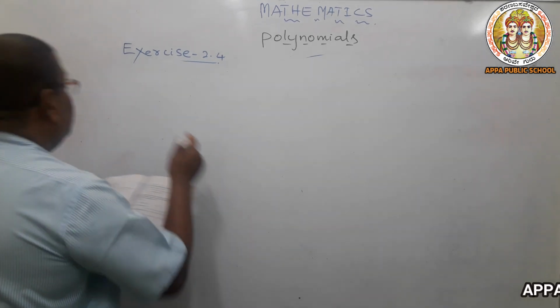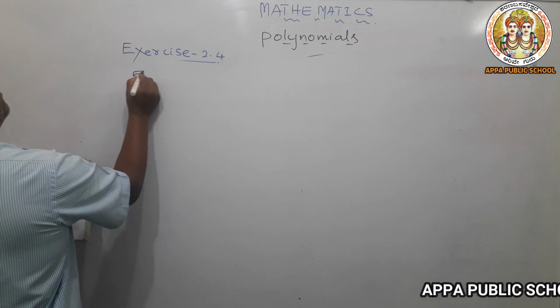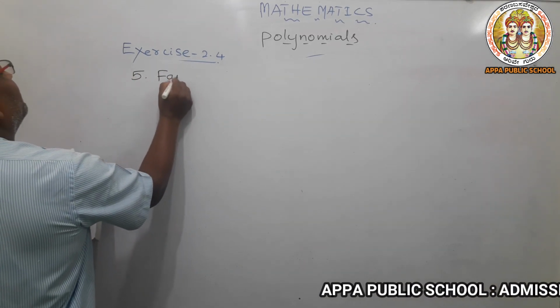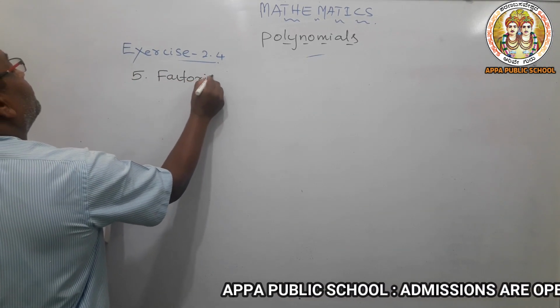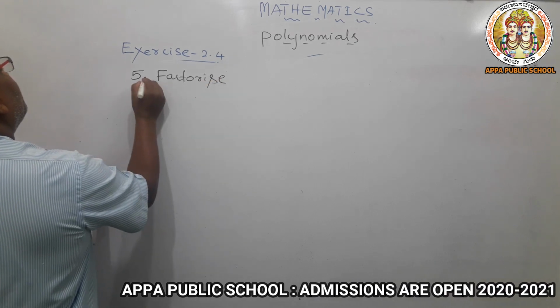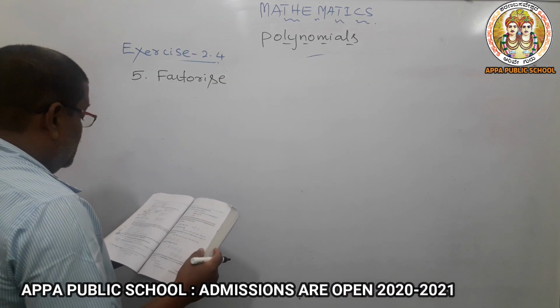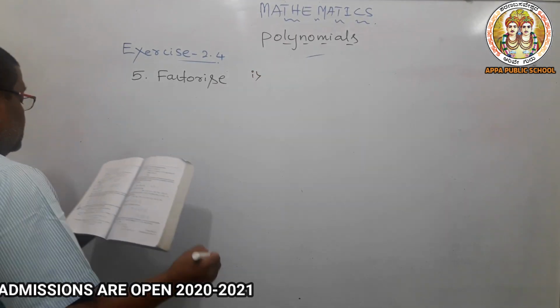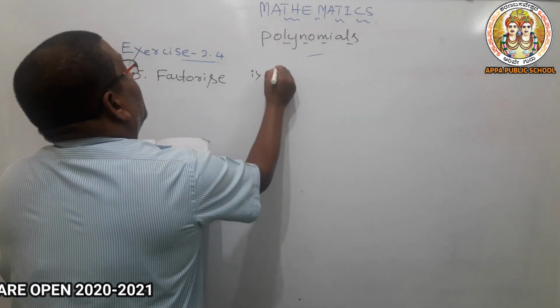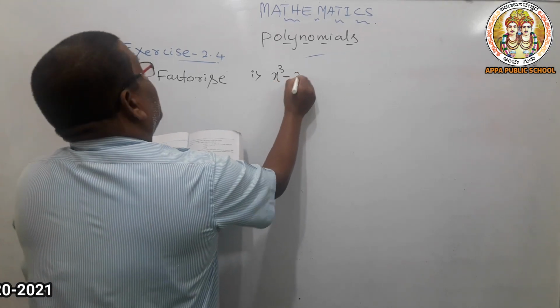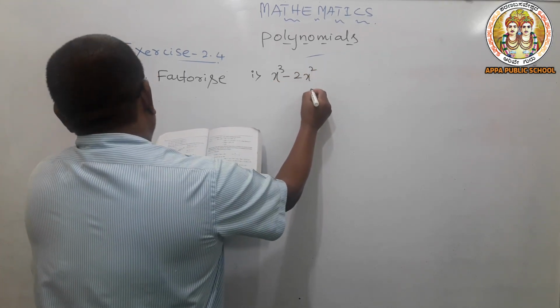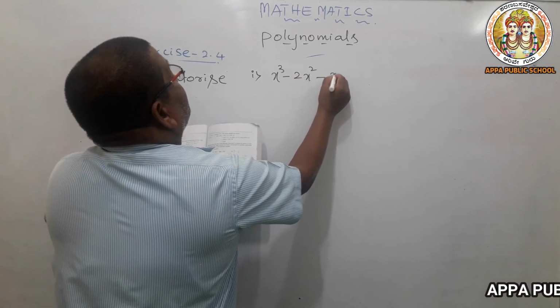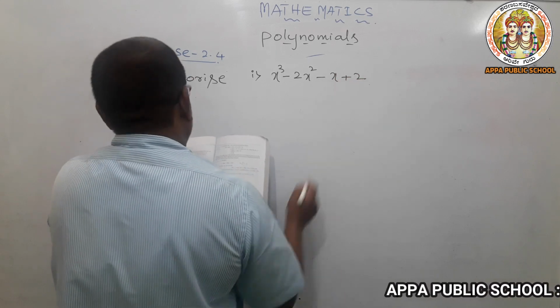Okay, fifth bit. Factorize. Here I will take one question: x cubed minus 2x squared minus x plus 2.